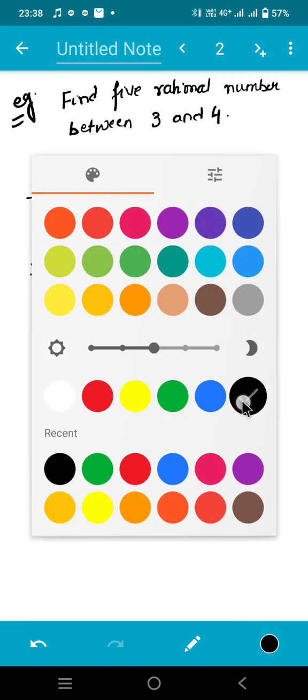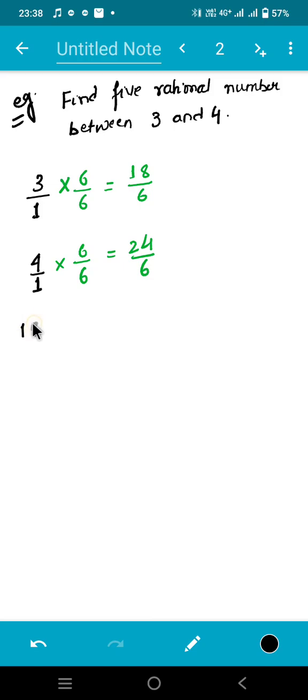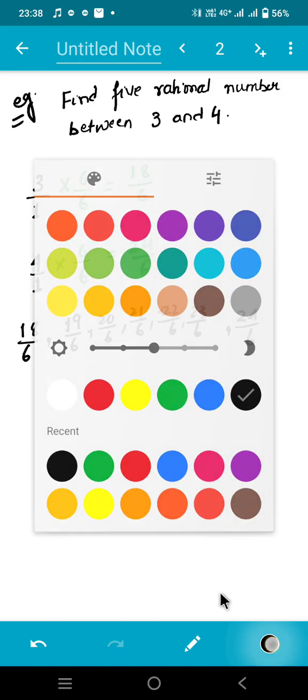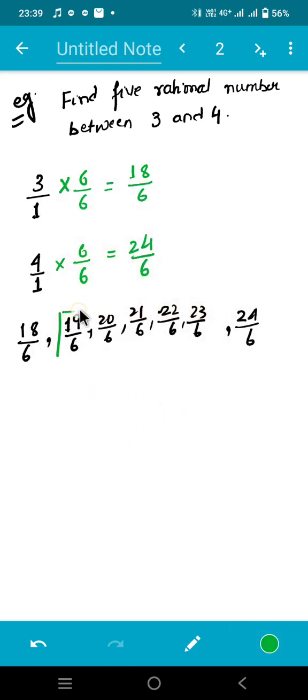Now again we'll write 5 rational numbers between 18 by 6 and 24 by 6: 19 by 6, 20 by 6, 21 by 6, 22 by 6, 23 by 6. These are the 5 rational numbers. So we'll highlight this like this. So this is how we'll answer this type of question.